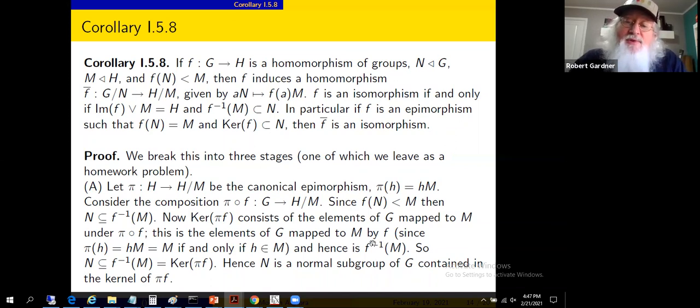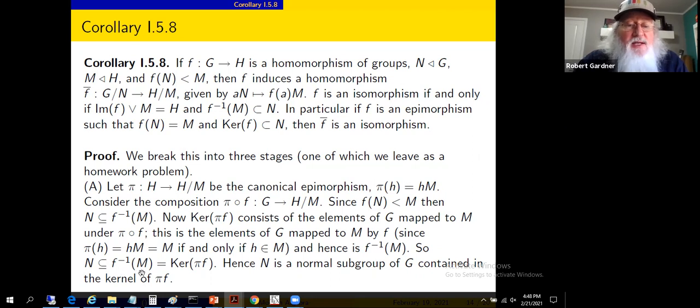The things that are mapped to M by f, the things that live in G, would be the inverse image of M under f. So f inverse image of M. This is the stuff that's mapped by f into M. And so this is the stuff under the composition that's mapped to the identity. That is, that's the kernel of the composition pi f.